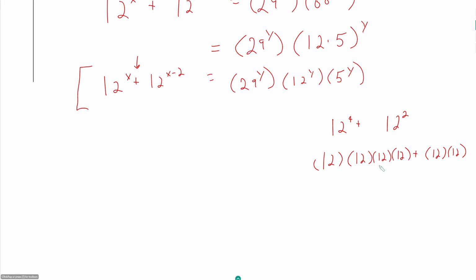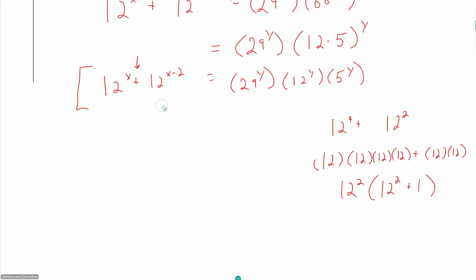So I should be able, since they share two 12s, I should be able to factor out a 12 squared. And once I do that, to get back to here, to get to 12 to the 4th, I need another 12 squared here, then plus 1 to get to here. And this is totally legitimate. I don't really think of this as an exponent rule. This is just normal factoring.